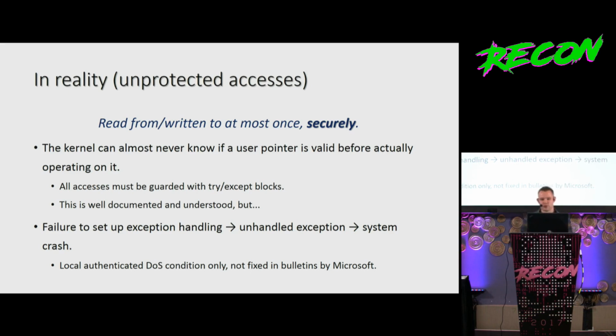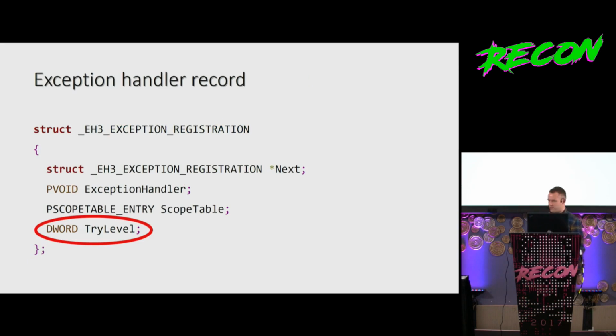But if it doesn't do it for whatever reason, then this user mode access may lead to an unhandled exception and a system crash as a result. Which leads basically to a local authenticated DoS condition. So it's not very bad, and it's not fixed by Microsoft in bulletins. But if we wanted to find bugs like that using system instrumentation, we should look at the exception handling record generated by Visual C++, and specifically the TryLevel DWORD that is inside of it.